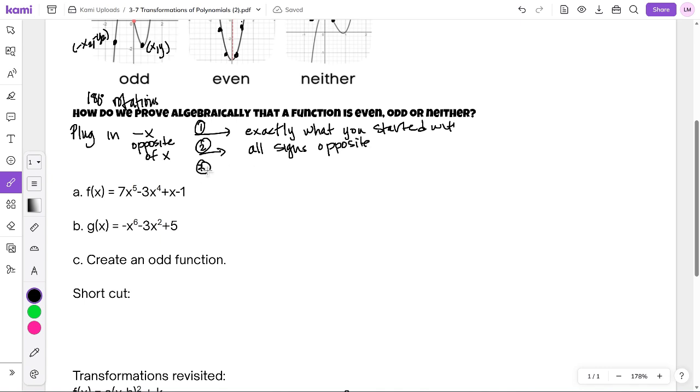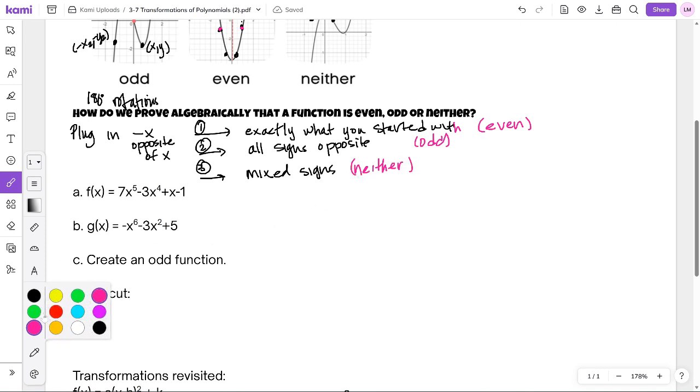Or case 3, mixed signs. Can you guess which one matches with which? So if I get exactly what I started with, so that means like the same y value, right? So this is an even function. If I get all signs are opposite, that would be an odd function. And if I get mixed signs, that's neither.